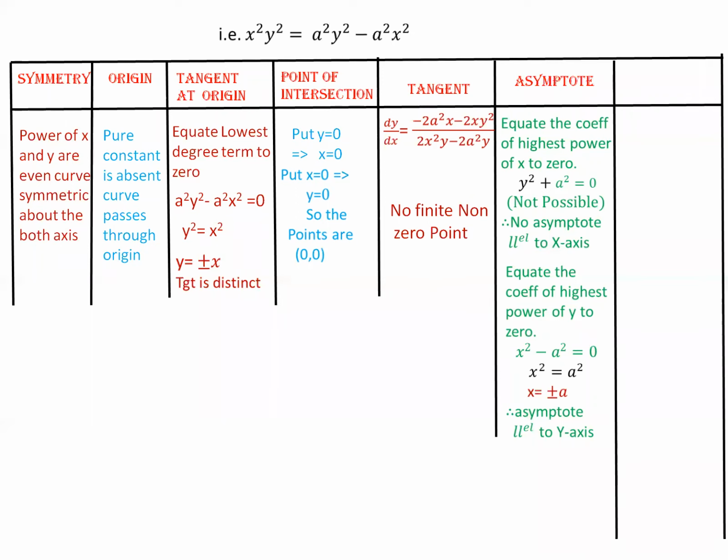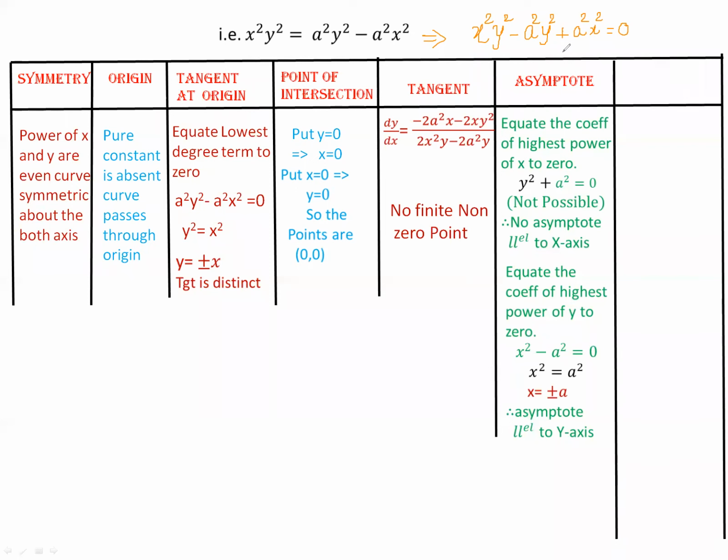The next point, asymptote: equating the coefficient of the highest power of x to 0 and the coefficient of the highest power of y to 0. Check that in the given equation. Here we have this equation as x square y square minus a square y square plus a square x square is equal to 0.